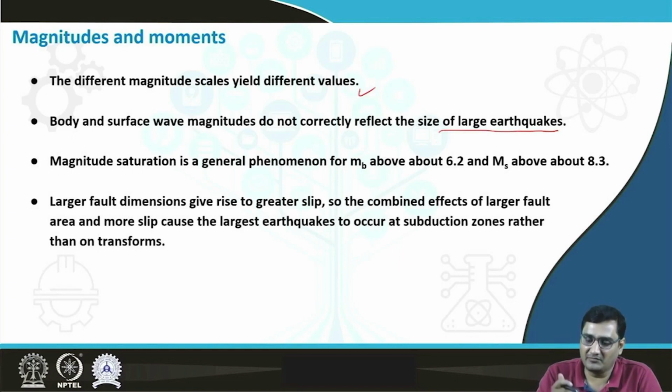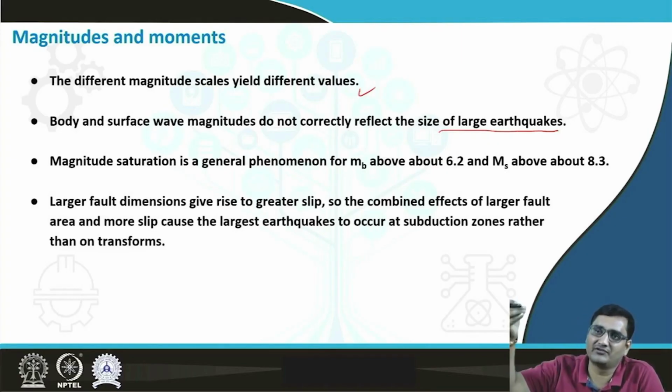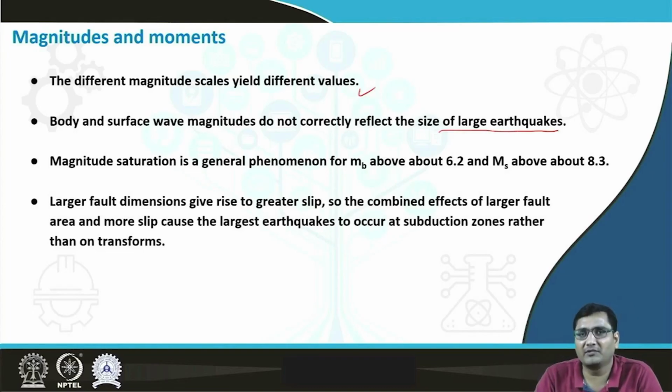For the body wave magnitude scale, if the earthquake is more than 6.2 magnitude, it will always show 6.2 even for a large earthquake. The surface wave magnitude scale gets saturated above 8.3. So magnitude saturation is a general phenomenon for body wave magnitude above about 6.2 and surface wave magnitude above about 8.3.